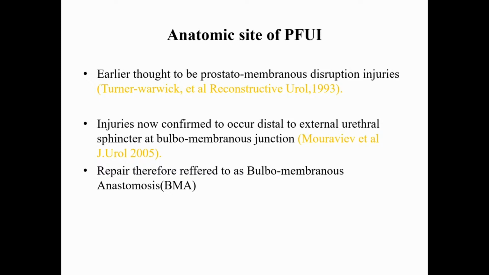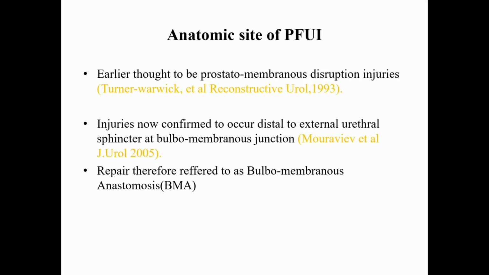For an unstable patient, there's no room to do any fancy thing. Resuscitate, resuscitate, resuscitate, and then put up a suprapubic catheter at the tail end of this resuscitation. So make sure the patient is stable. For an unstable patient, resuscitation, put an SPC, and continue some other line of management. No room for fancy things.